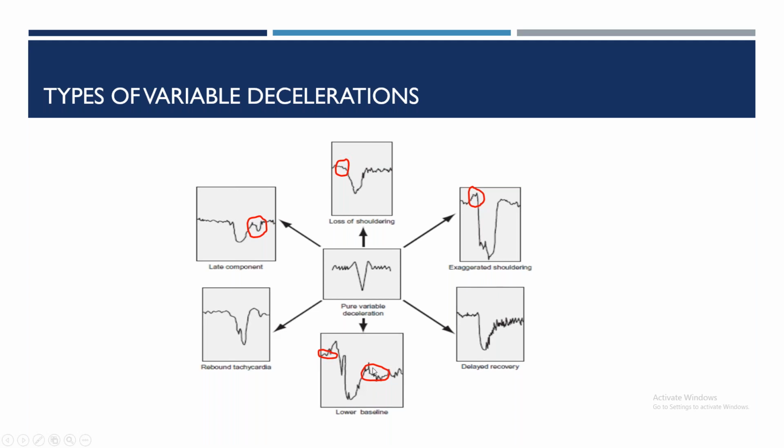And after the end of deceleration, it can be either a lower baseline or an increased baseline. That is called rebound tachycardia. So it can be a change in the baseline heart rate, and late component, or we can call it biphasic W-shaped decelerations. These are known as biphasic decelerations. So these are all concerning characteristics of variable decelerations.